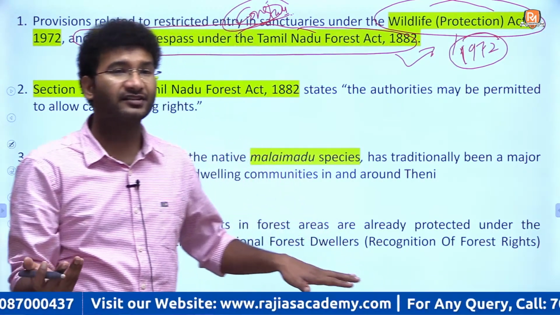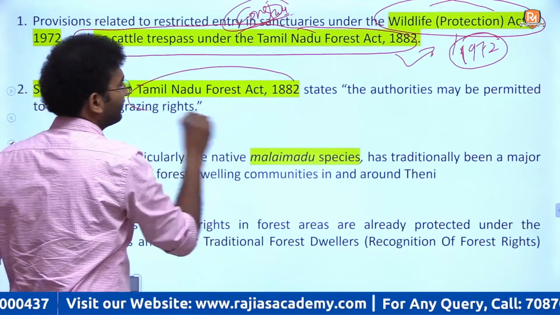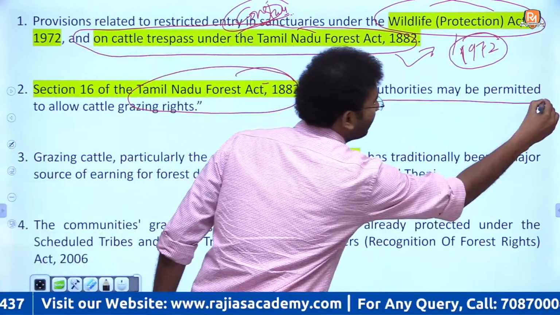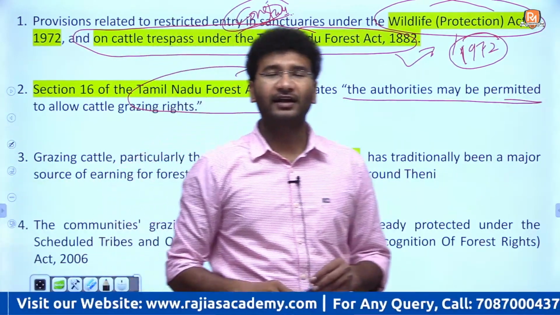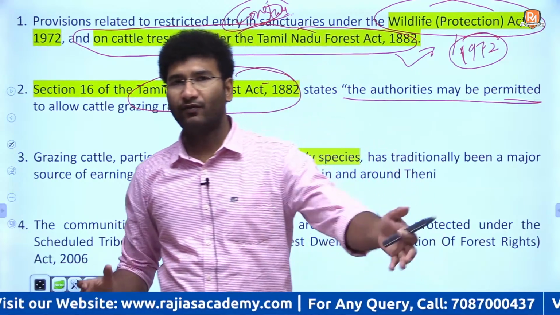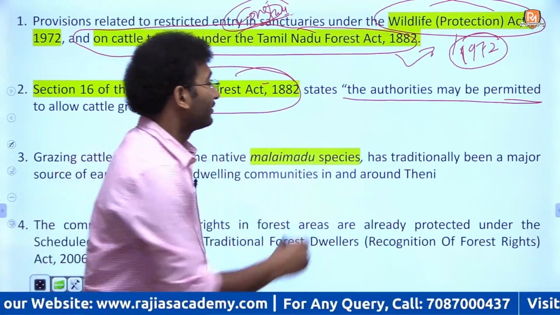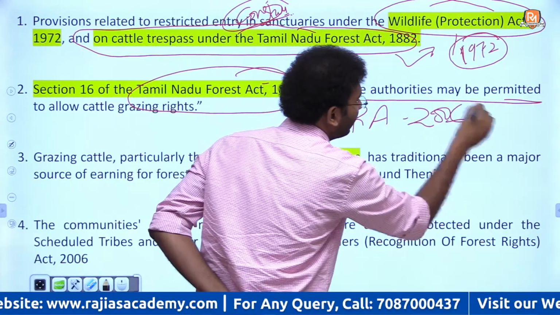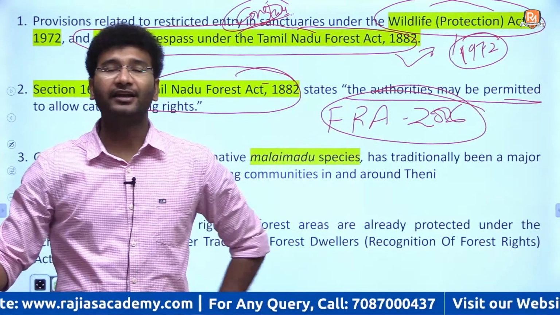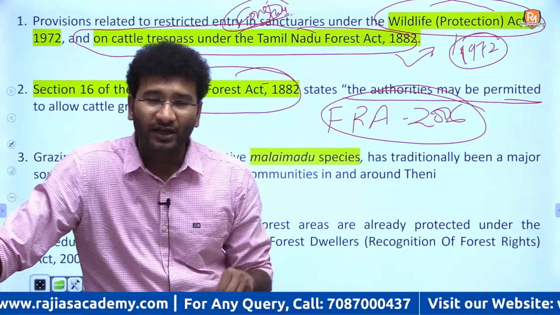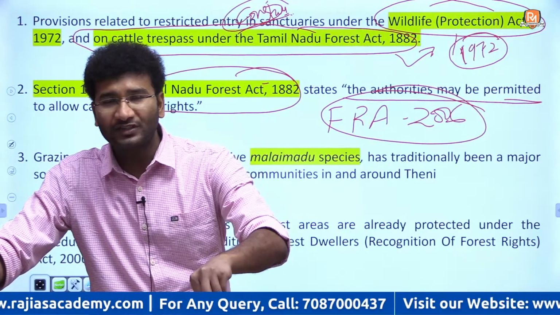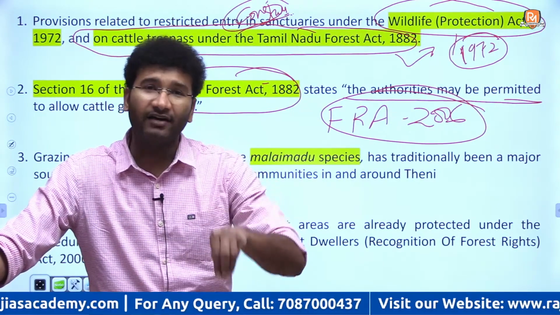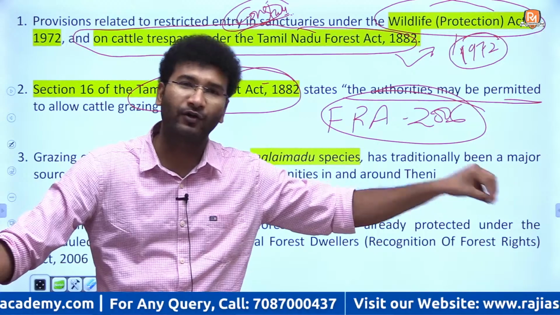So section 16 of the Tamil Nadu Forest Rights Act states that the authorities may be permitted to allow cattle grazing into the forest, but the Forest Rights Act of 2006 clearly gives an individual, especially the tribal communities who live in and around the vicinity of the forest, the grazing rights when they enter into the forest.